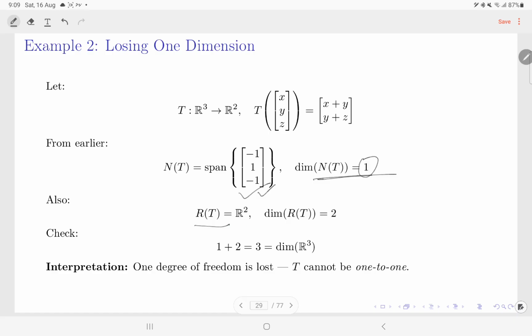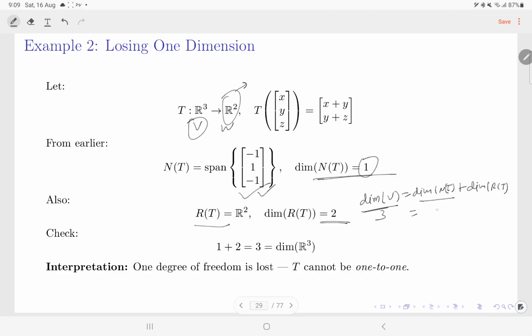If you remember, it was the complete R2 space, or we can say the complete W space, so the dimension is 2. So from here you can say the dimension of V is equal to the dimension of null of T plus the dimension of range of T, and this is nothing but 3.